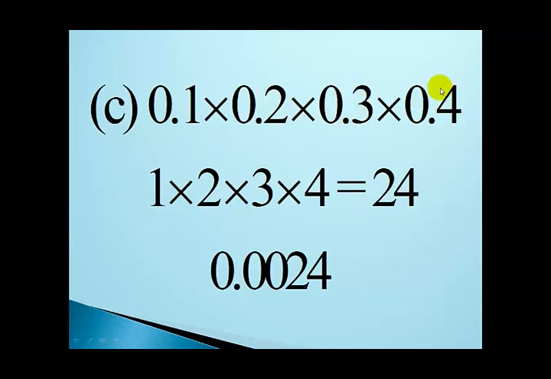So we have 4 decimal places in all. That means that 24 into 4 decimal places will be 0.0024, because the number of digits after the decimal point is the number of decimal places.